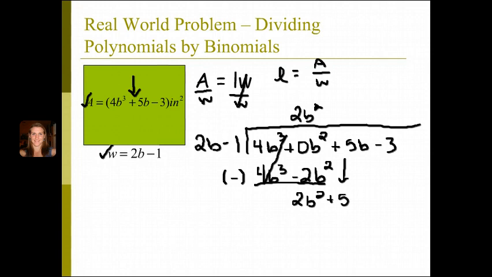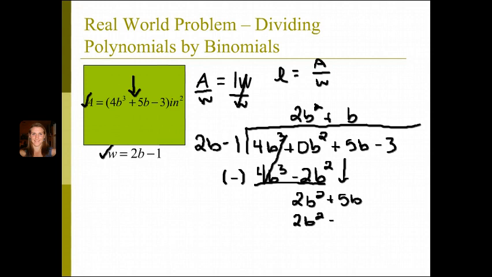Well, what times 2b gives me 2b squared? That would just be a b, a 1b. So 2b times b is 2b squared, and b times negative 1 is minus b.